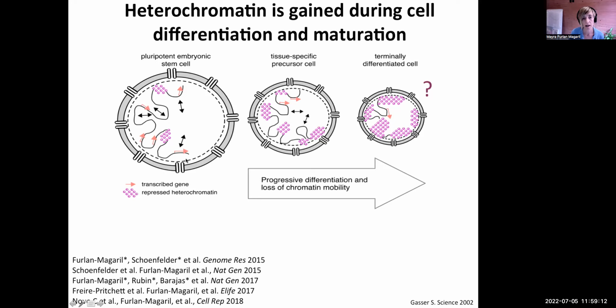However, far less is known about how the genome is organized in a terminally differentiated cell that contains a lot of heterochromatin.